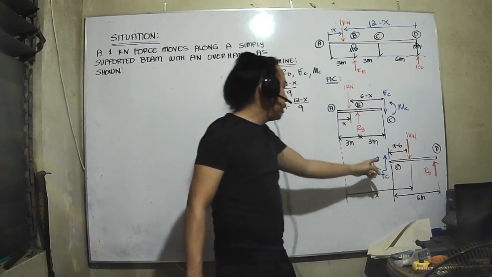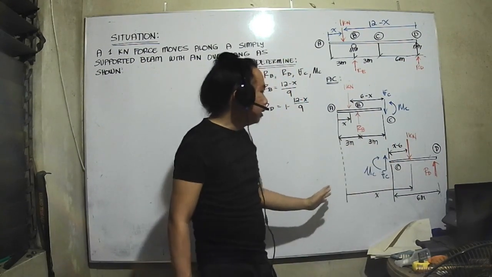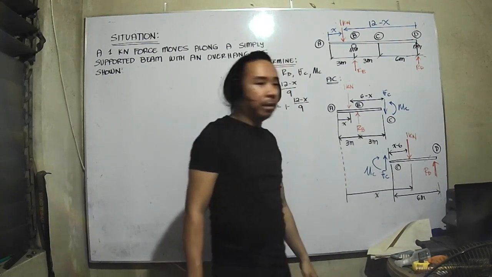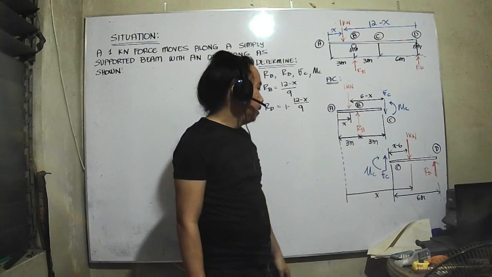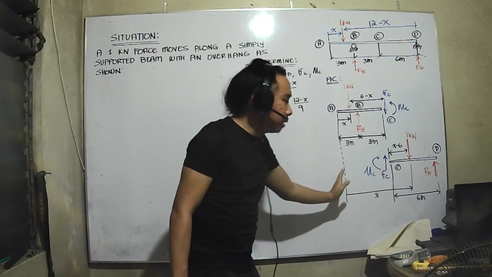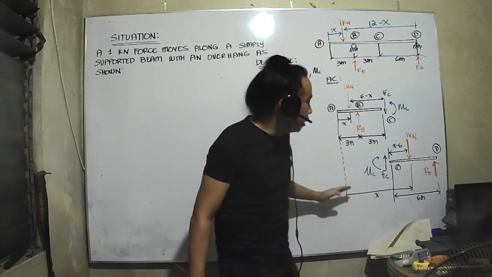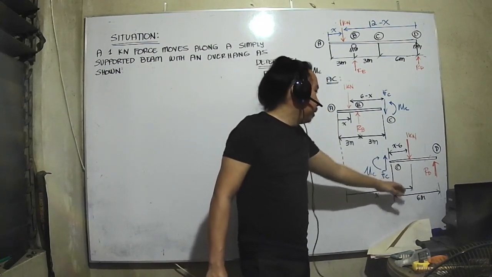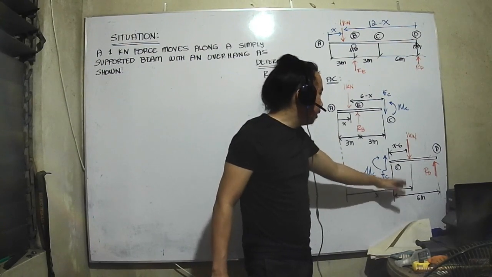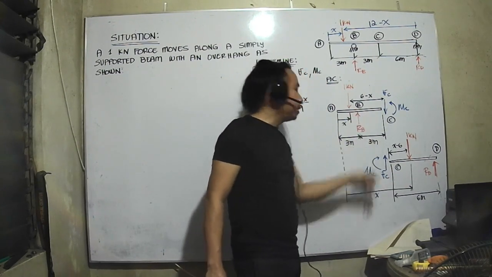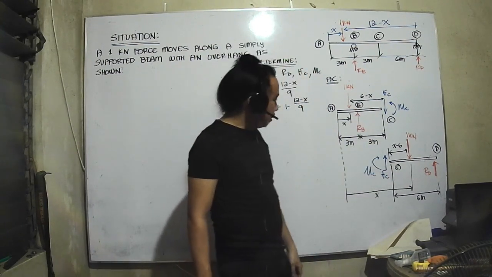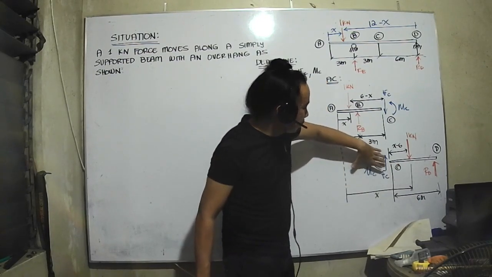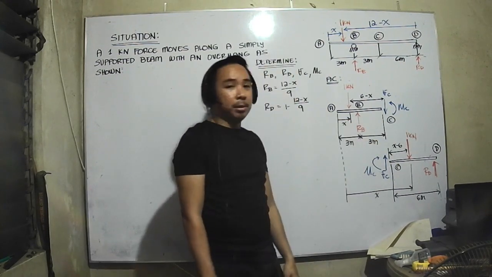After crossing to the other side, you still have to retain the quality of the equation in which our x starts counting at A. So I extended this here, and this is still x. If this is still x and this is 3 plus 3, that is 6, then all of this is 6, so this should be equal to x minus 6.